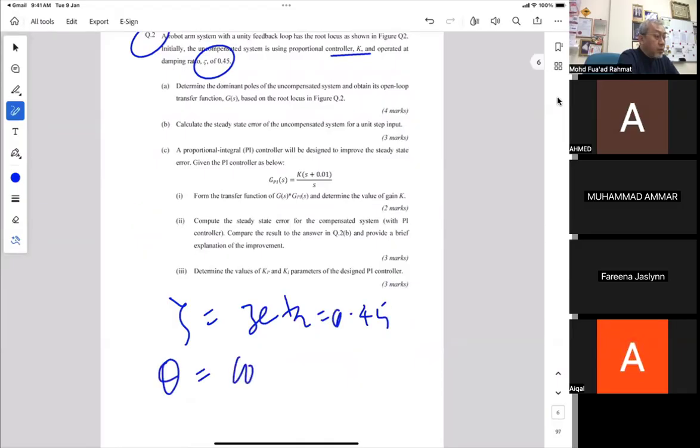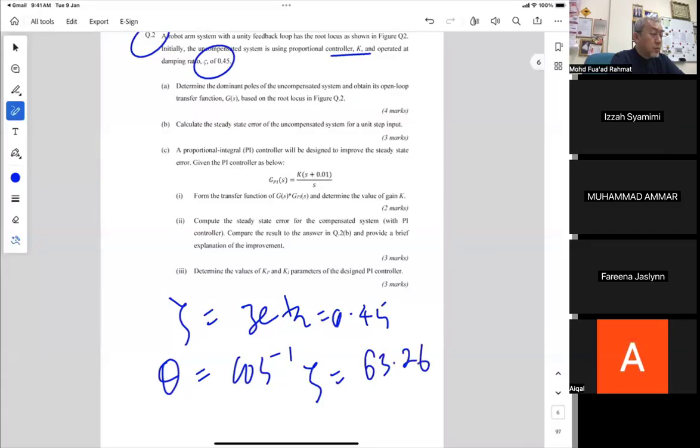So theta is equal to, Muhammad Amar, yes doktor. Theta berapa? 63.26. Thank you.